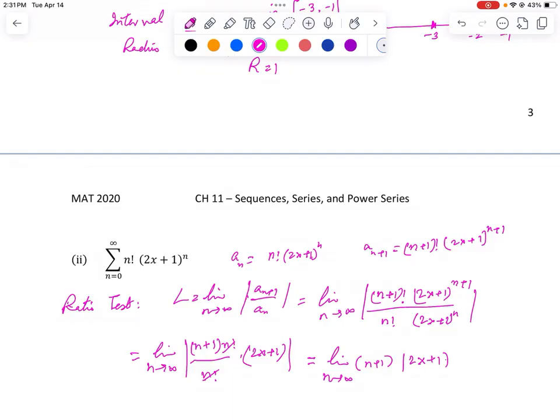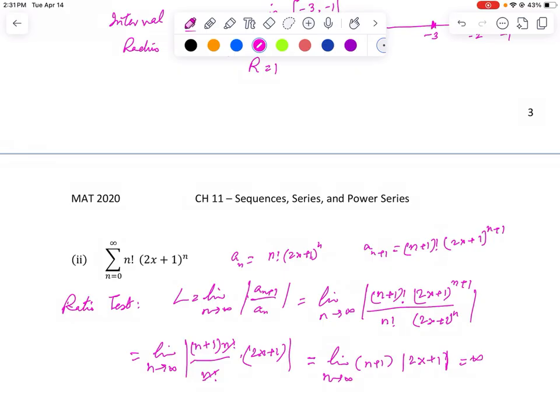Now, the term that we compare to 1 is always the one in which the limit has been evaluated. So I cannot say from here that the series will converge when this thing is less than 1. I have to first apply the limit. But when I apply the limit, it becomes infinity.